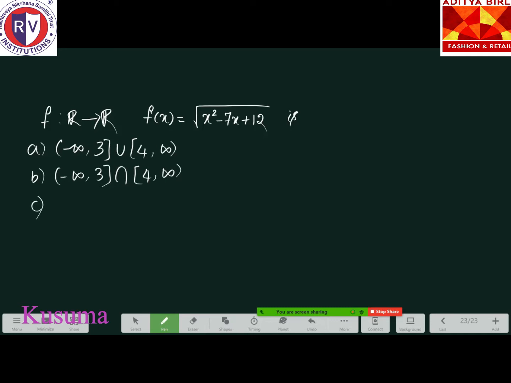Option C is minus infinity comma 3 union 4 comma infinity, which is an open interval. And option D is the open interval 3 comma 4. So these are the options given.